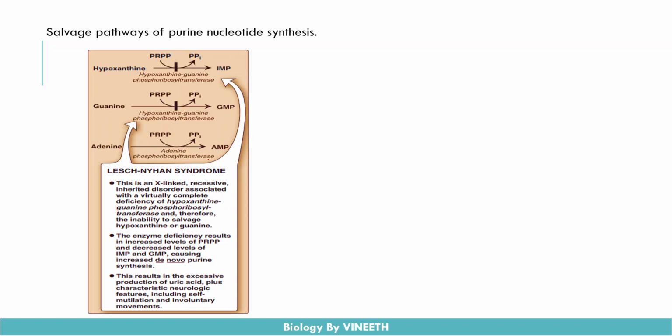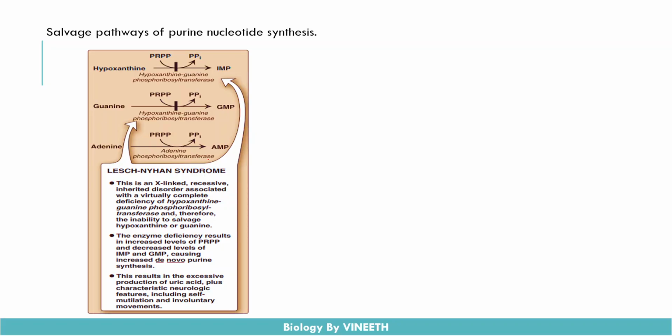What happens in this pathway is, if de novo synthesis is inhibited by this deficiency, the nucleotides absorbed from dietary substances increase in level in the body, and they get metabolized to uric acid, and uric acid levels increase in the human body.